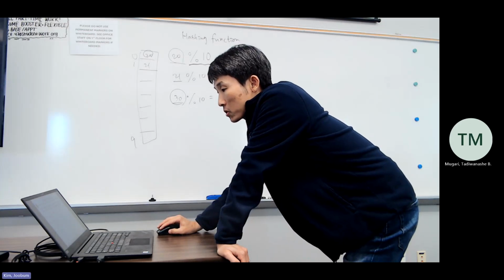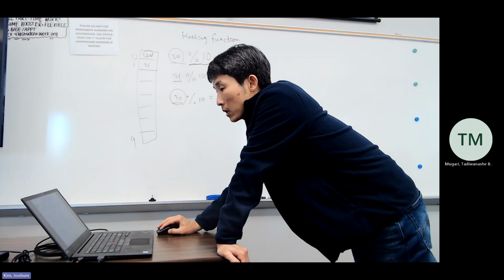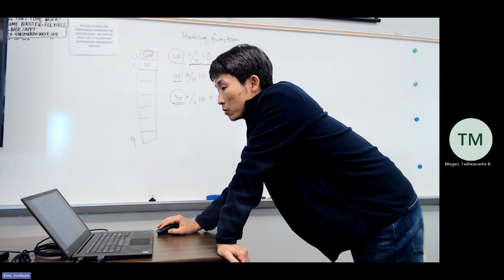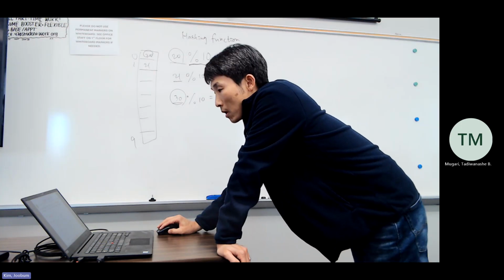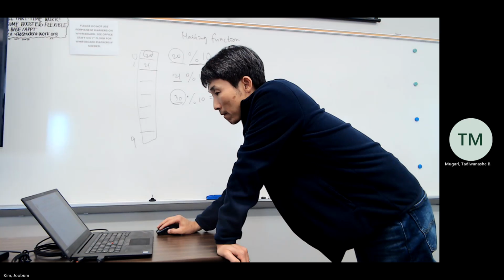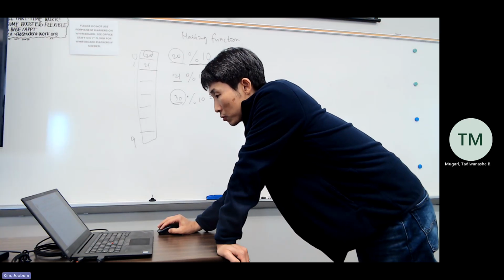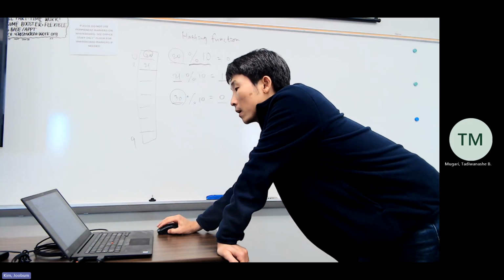For example, 7 minus key modulo 7 is used as a second hashing function. So 12 modulo 7 is 5. 7 minus 5 is 2. So it will be 2, and this is 1. So 1 plus 2 is 3. So go to index 3, but it's already occupied by 58.